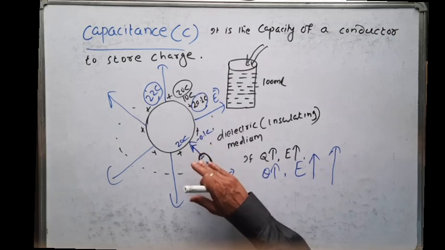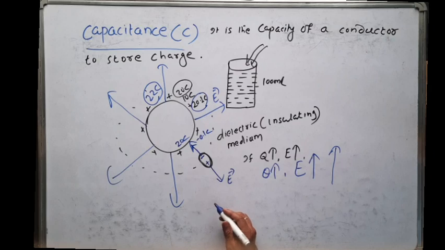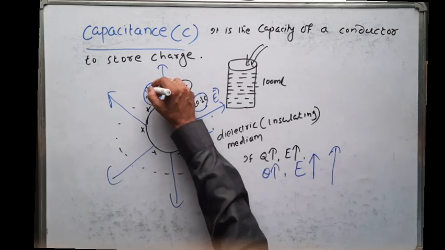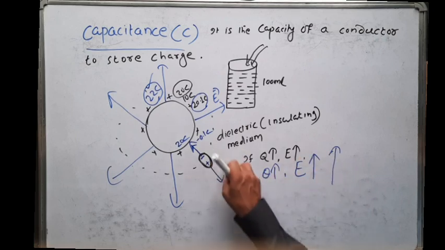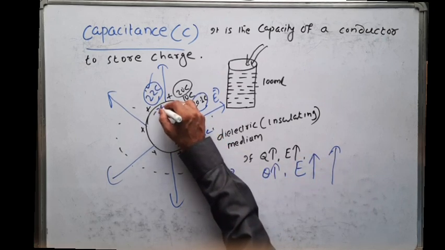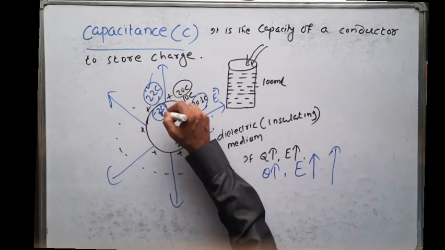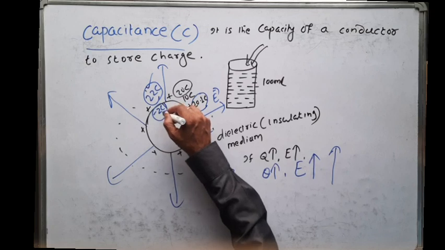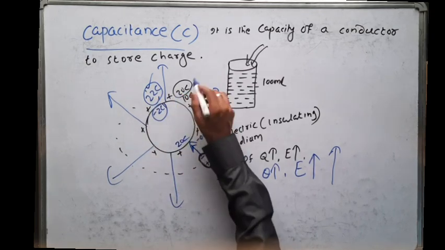That means the dielectric medium polarizes, so the dielectric medium will behave as a conducting body. So now you had given 22 coulomb, but due to the high electric field strength developed in the dielectric, minus 2 coulomb charge, let us say, is added to the surface. So 22 plus minus 2, that is a total of 20 coulomb, is the maximum charge it can store.